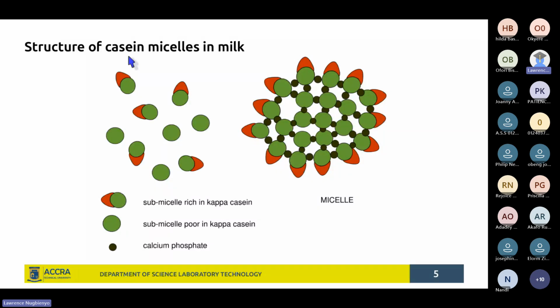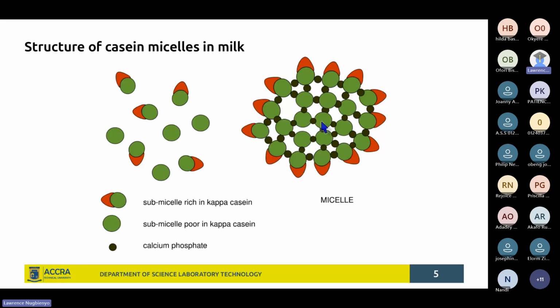Normal milk will always be such a colloid. And so you have the structure of what you refer to as micelles.